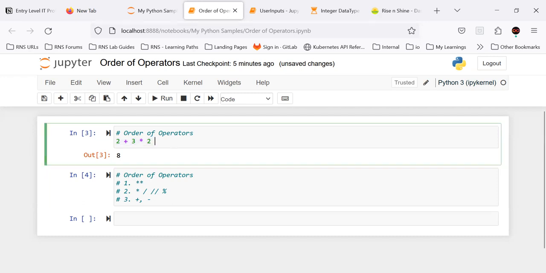Suppose I have 2 plus 3 into 2 power of 2. What is the value we are going to get? Is it going to perform this statement first or that statement?